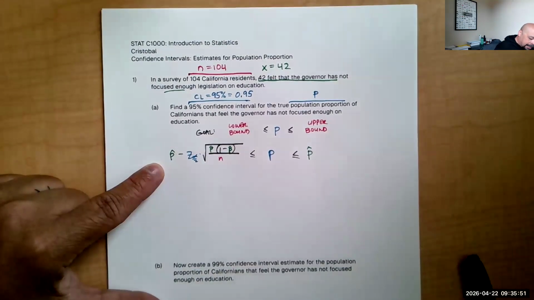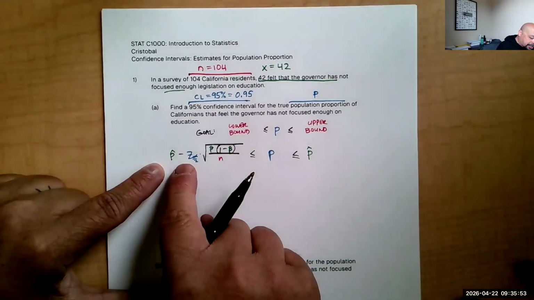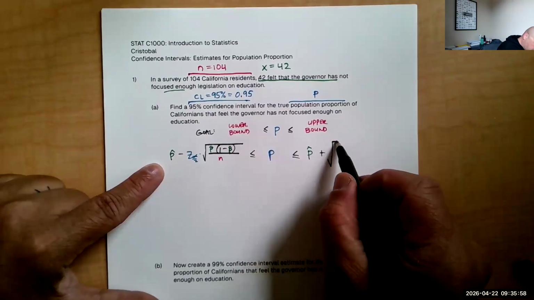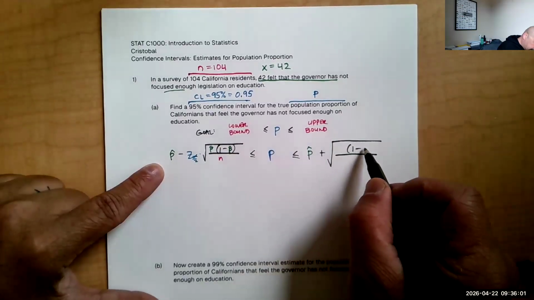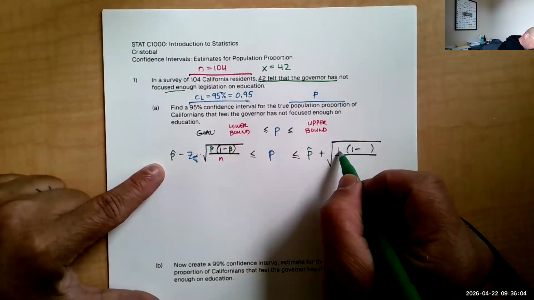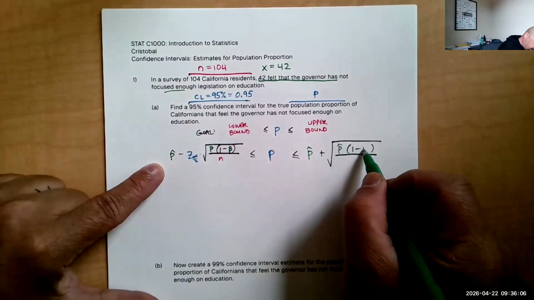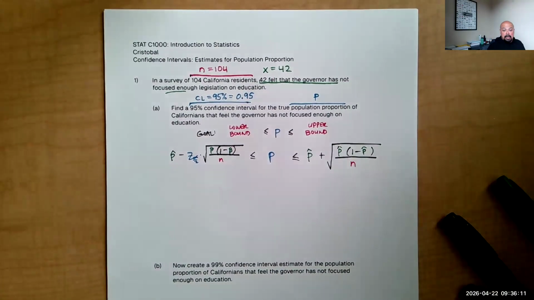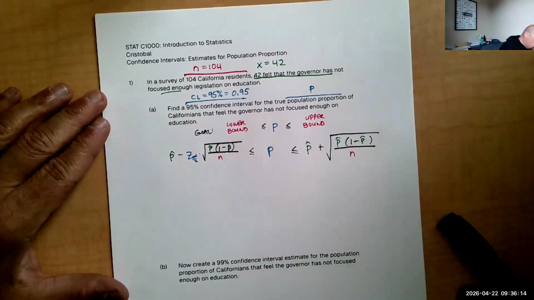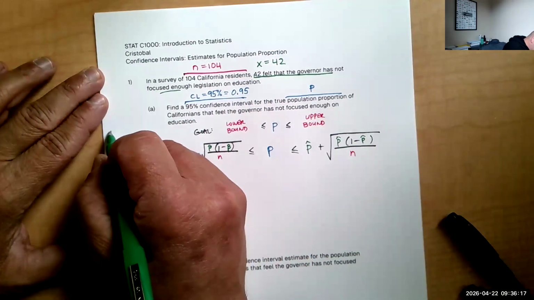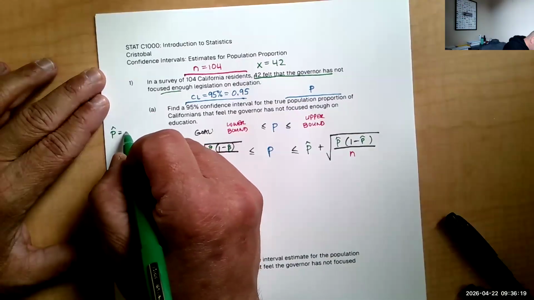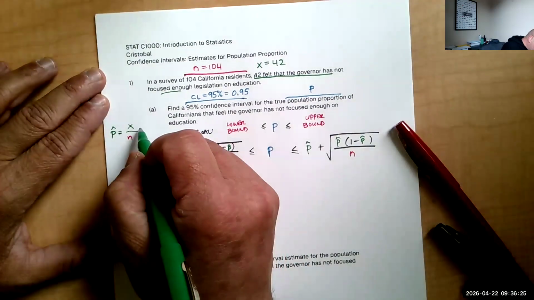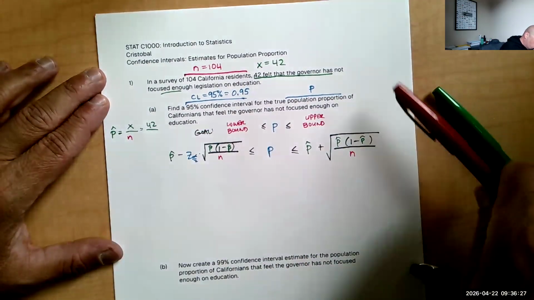Same set of calculations, but now we swap that subtraction with an addition, to get a little bit above that point estimate. Square root of P hat times 1 minus P hat, all over n. We'll do this on StatCrunch as well. As I set this up, off to the side, our value for P hat is going to be x over n, and in our work we're getting 42 over 104.